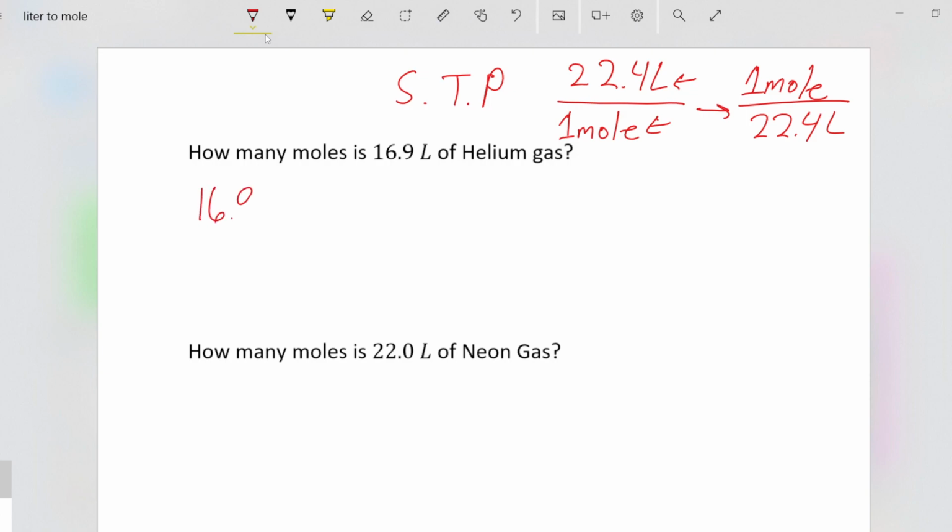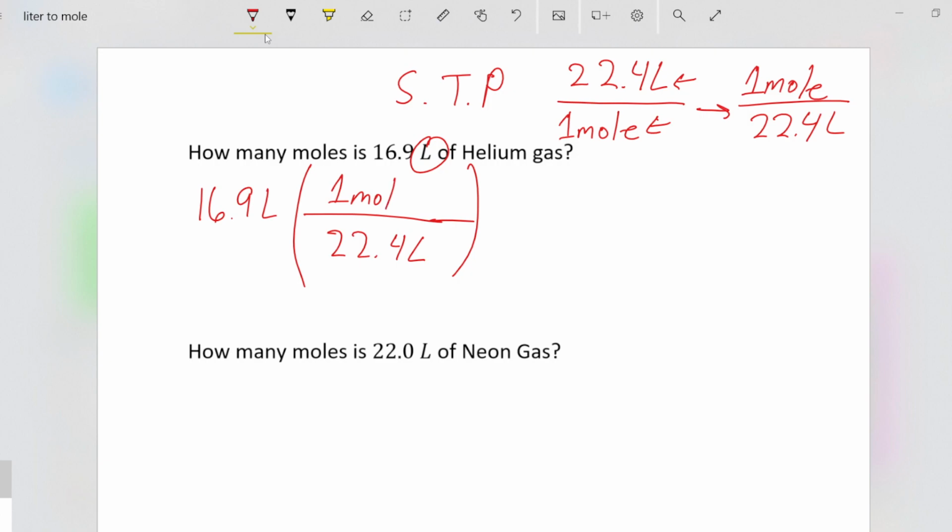So I write out my 16.9 liters, and that means we are on volume island. And if we want to go to mole island from volume island, we have to set up our boat, right? In our boat on the bottom, we like to put our liter stuff because that goes down in storage. We don't need it anymore because we are headed from liter island to mole island, and we will need our mole stuff up on top. I'm putting the 22.4 liters down below in storage.